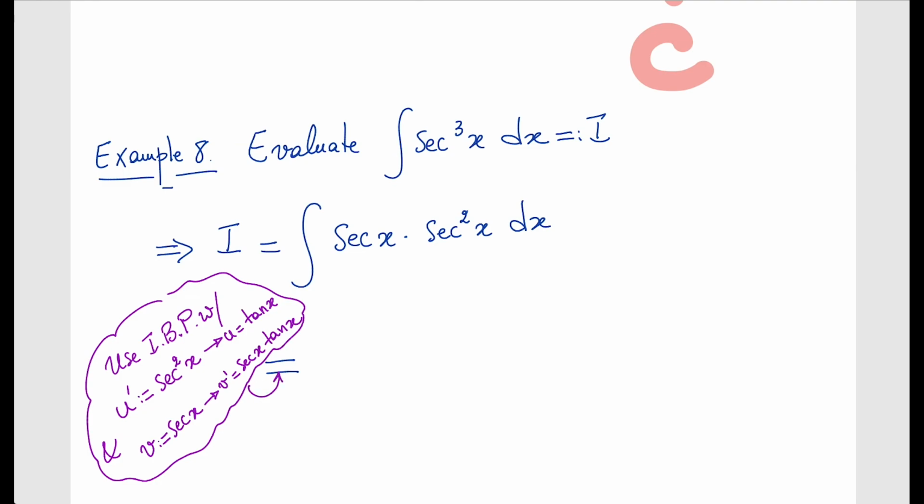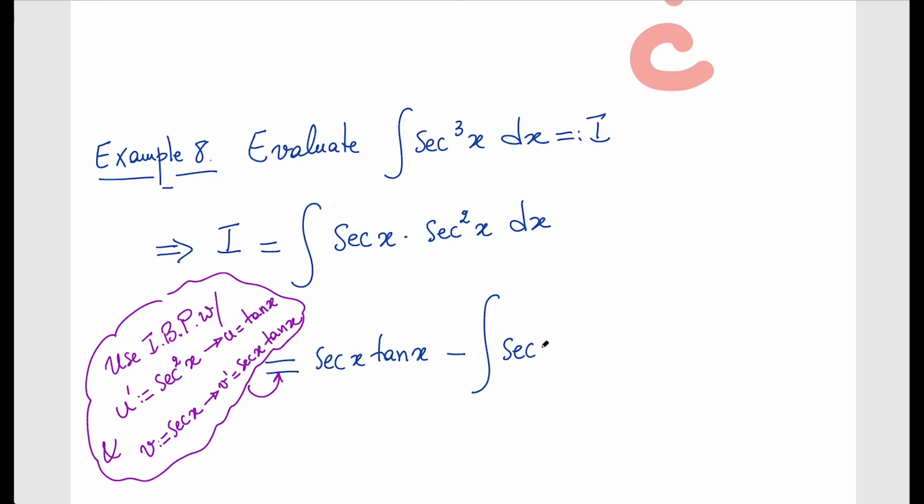So let's see what this leads us to do. Then I becomes uv, so sec x tan x, minus the primitive of uv prime. So uv prime is sec x tangent squared x, right?